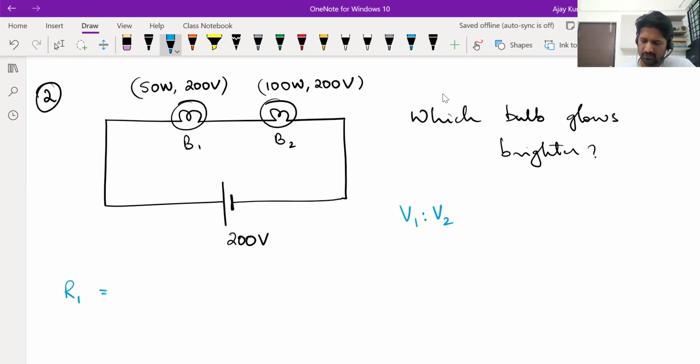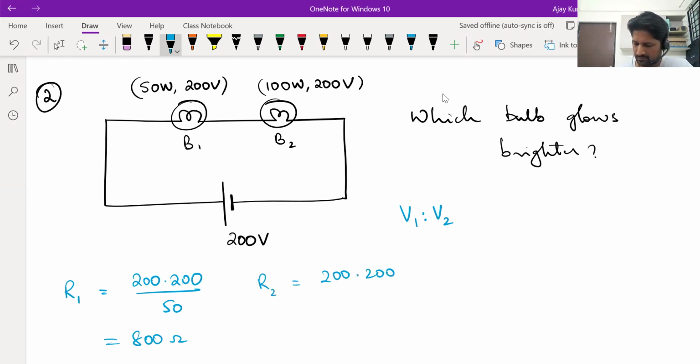Okay, R is V square by P. So how much is the first resistance that you got? 800 ohms, correct. Second bulb's resistance? 400. Good. 400 ohms. Okay, so resistance ratio is 800 to 400, that is 2:1. Then the voltage ratio will also be 2:1.